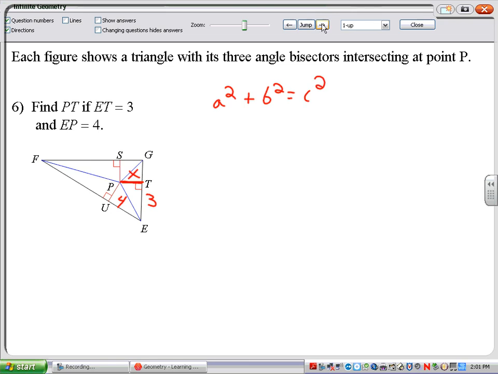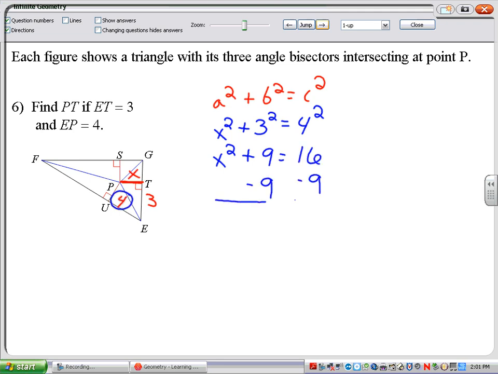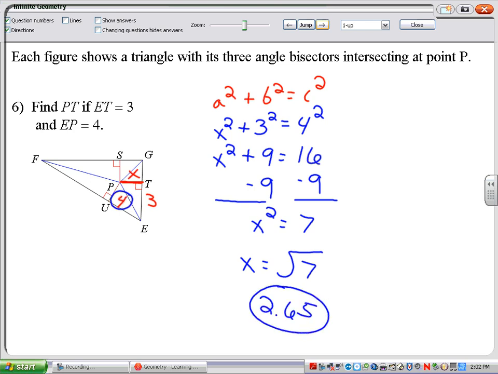Which side is my longest, or my hypotenuse? Again, it's that 4. So I'm going to write x squared plus 3 squared is 4 squared. In other words, x squared plus 9 is 16. Subtract 9 from both sides. That gives me x squared is 7. And then x would be the square root of 7, and my calculator gives that to me as 2.65.